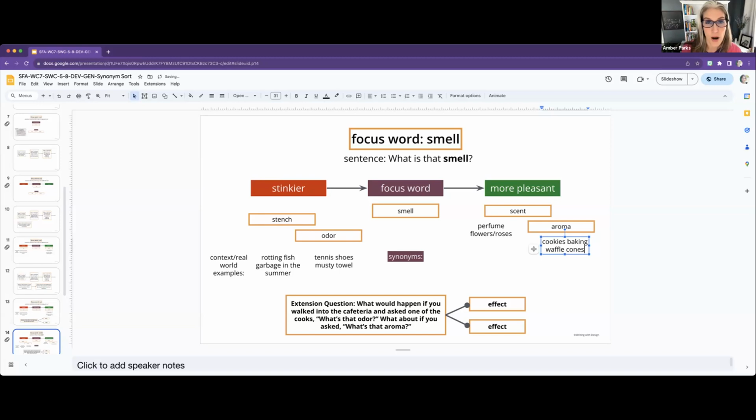If you ever walk by an ice cream or a gelato shop and they're making waffle cones, that aroma just pulls you in, makes you want to eat those. So waffle cones, well, they're baking too, so I'll put that as well. So you can see here, we've got all these great context clues that help us.